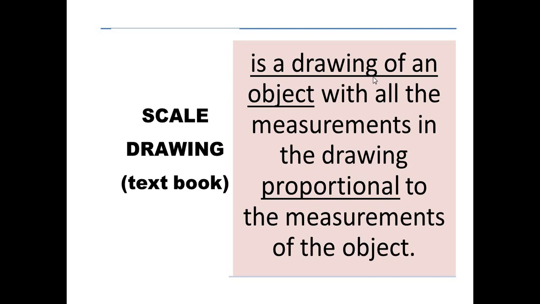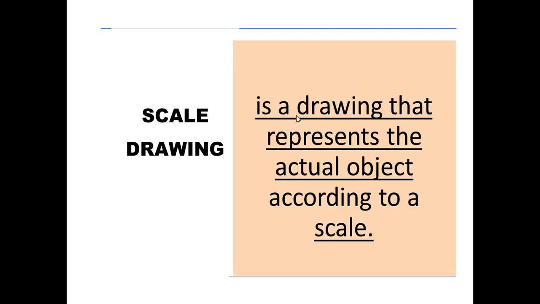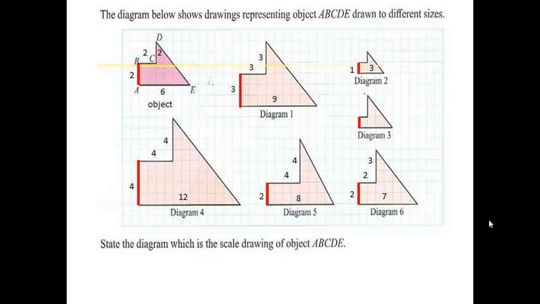So the main words here are a drawing of an object. So we're going to draw. Or you can define it as a drawing that represents the actual object according to a scale.